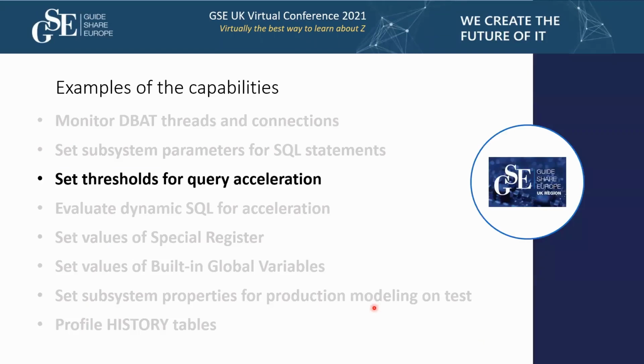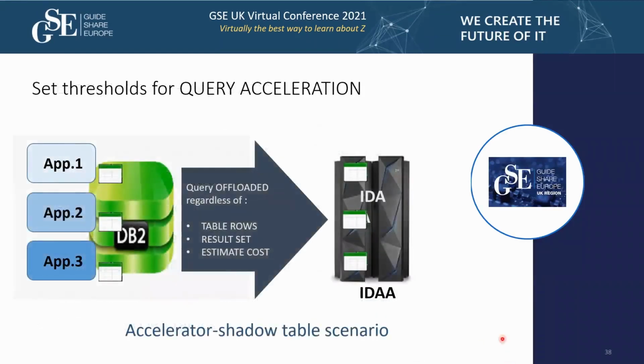How to set thresholds for query acceleration. What does it mean? Imagine this scenario. I have on the left 3 different applications with 3 different tables. For every one of those tables, I also have a shadow table defined in the accelerator.